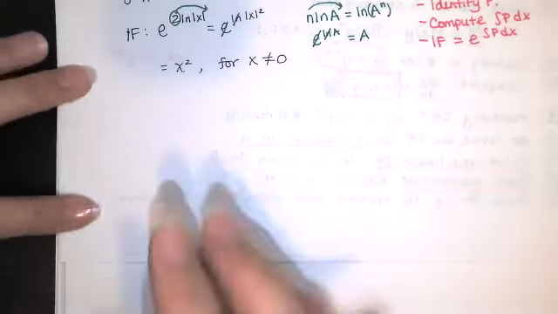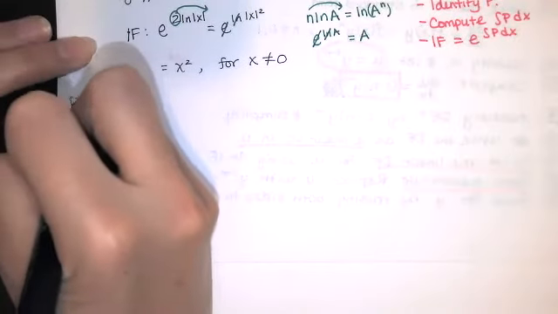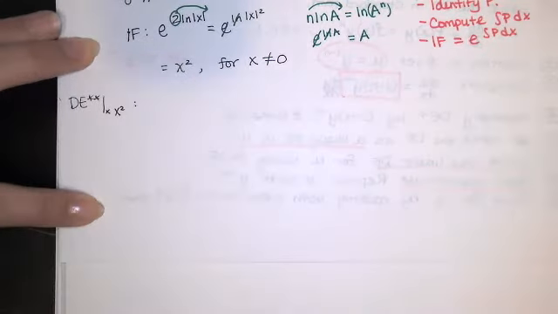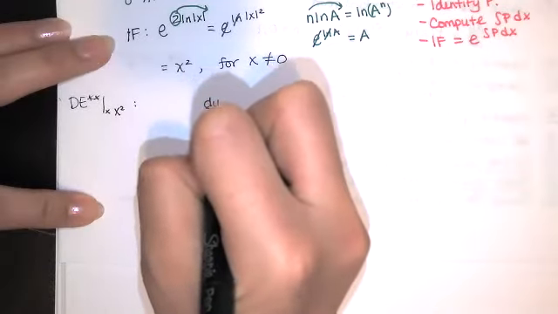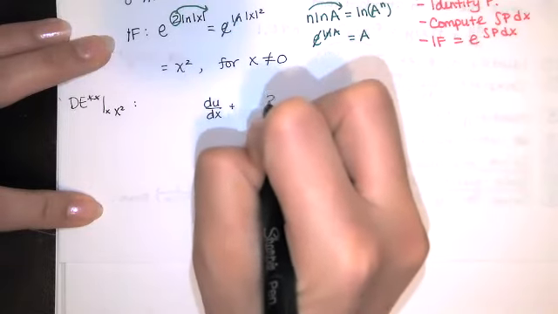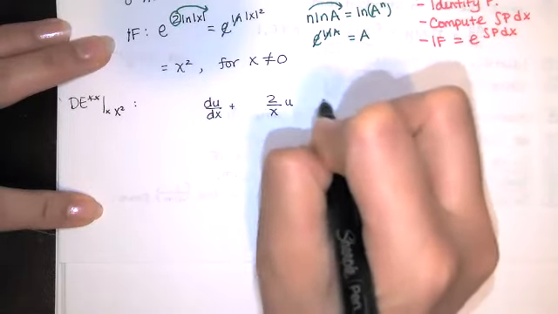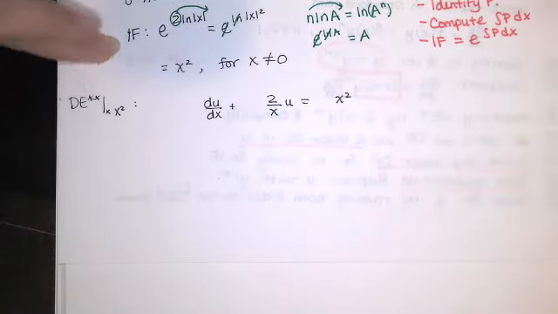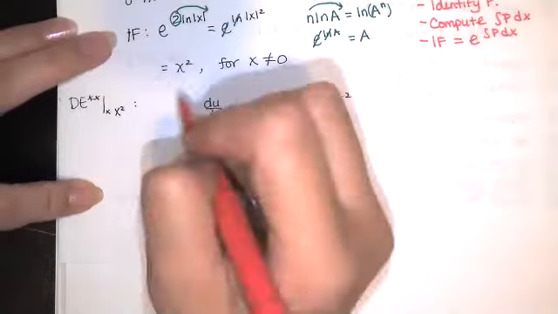So we're going to take DE double star and multiply by x squared. So I've got du dx here plus 2 over x times u equals x squared. And we're multiplying everything by x squared here.